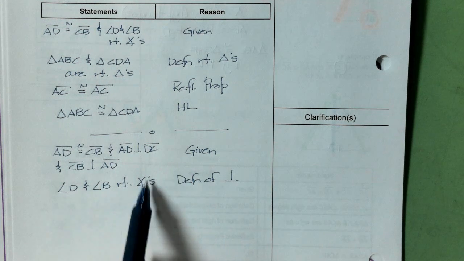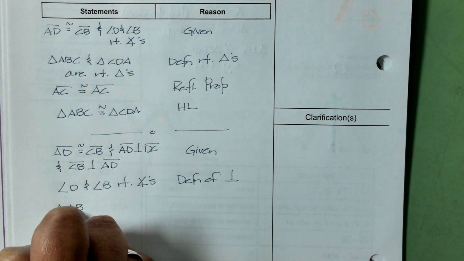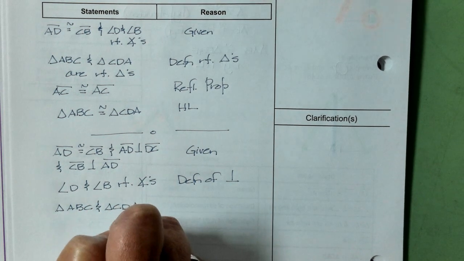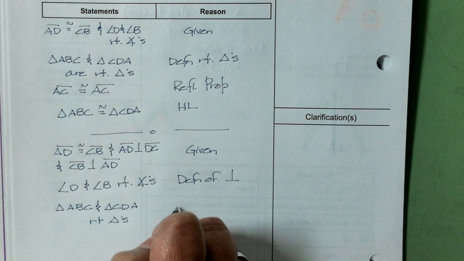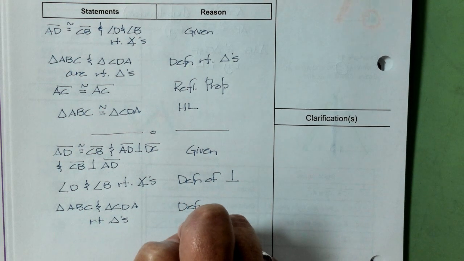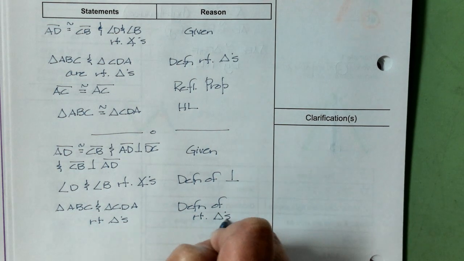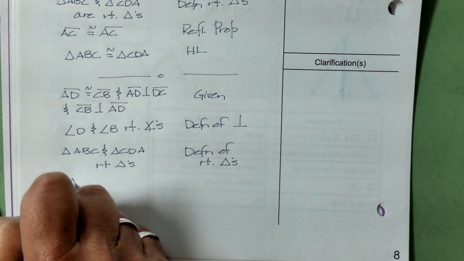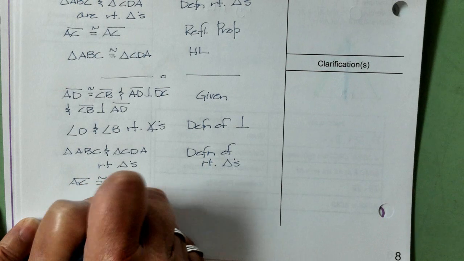Then, since they are right angles, triangle ABC and triangle CDA are right triangles. Definition of right triangles. We still have our shared side, AC congruent to AC.